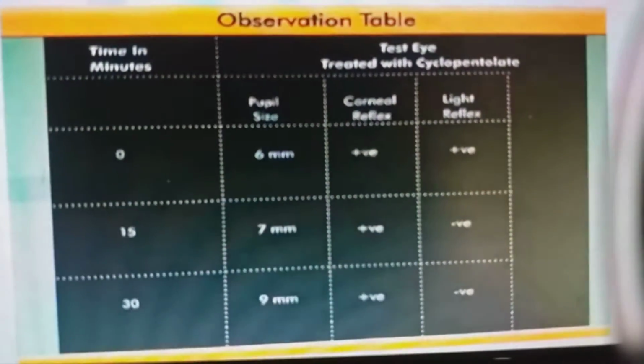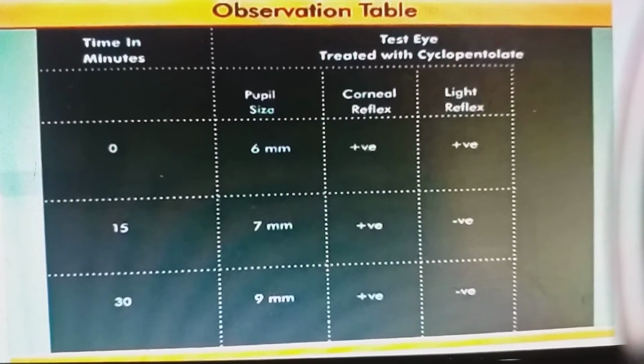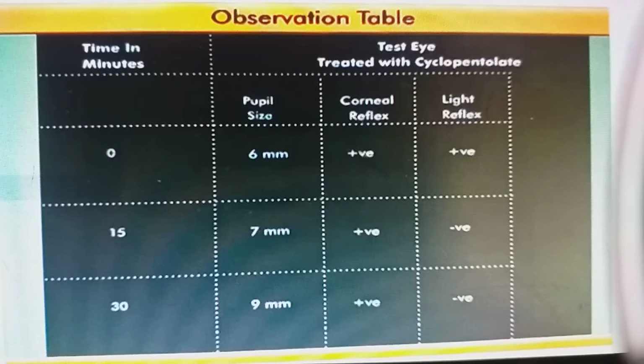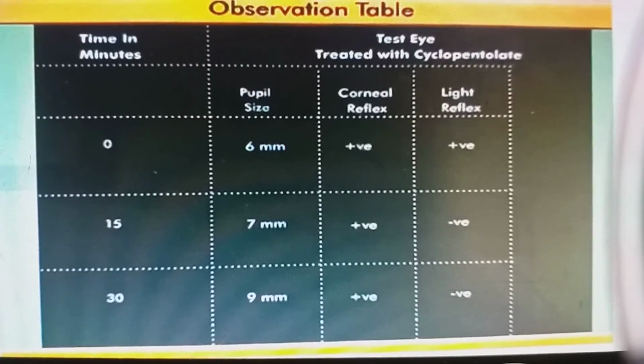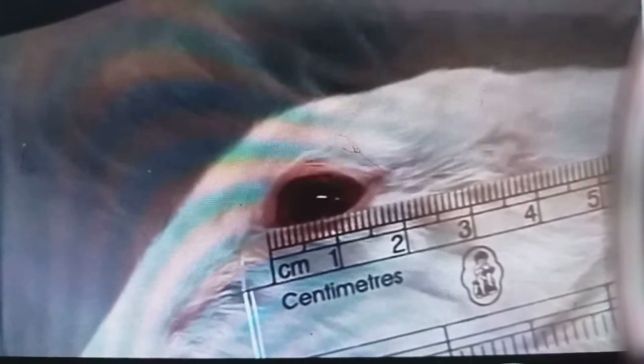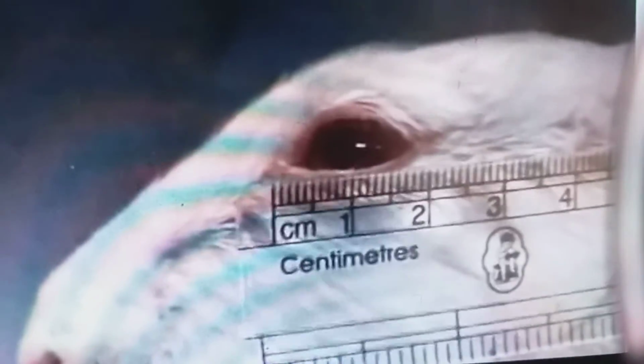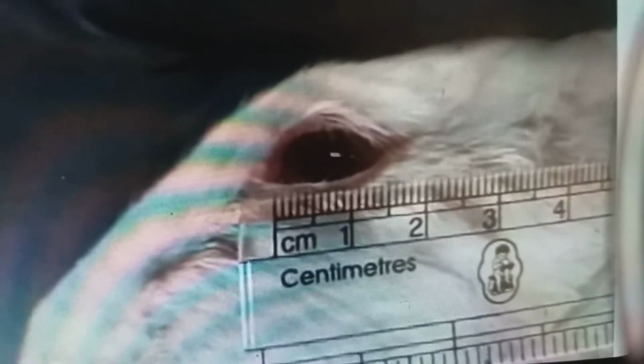Measure the pupil size in both the eyes at an interval of 15 minutes up to 1 hour. You will notice that the pupil size in the test eye increases as compared to that of the control eye. You will also observe that the light reflex is lost.